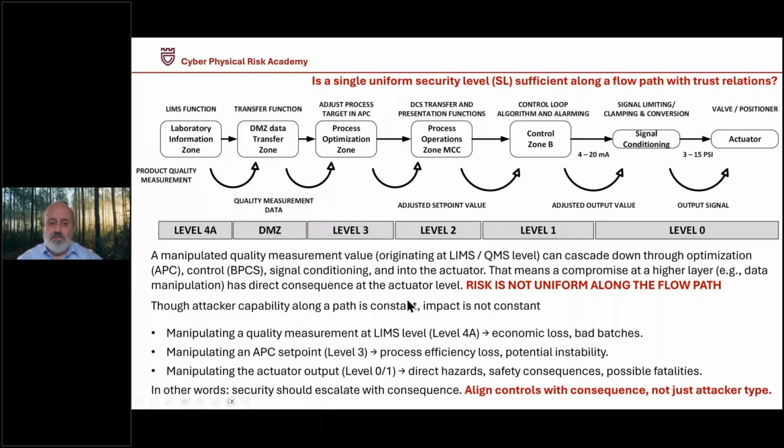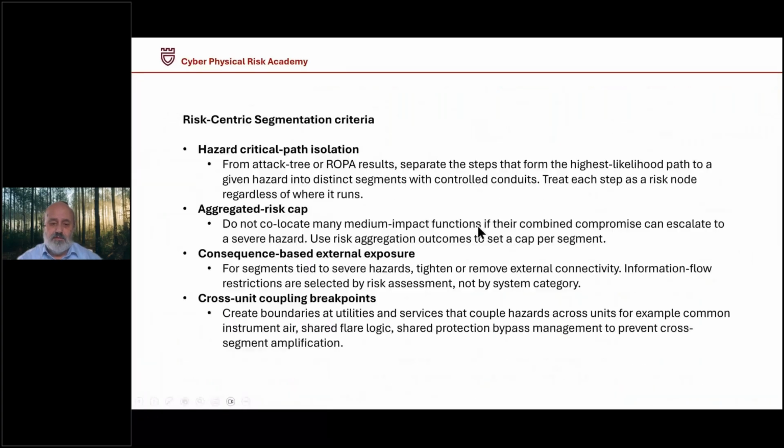The last one, very quickly before I'm kicked out: risk-centric segmentation. You can also start grouping based upon the hazard. So some systems are so important. For example, if you take instrumentation error, you want to isolate it.